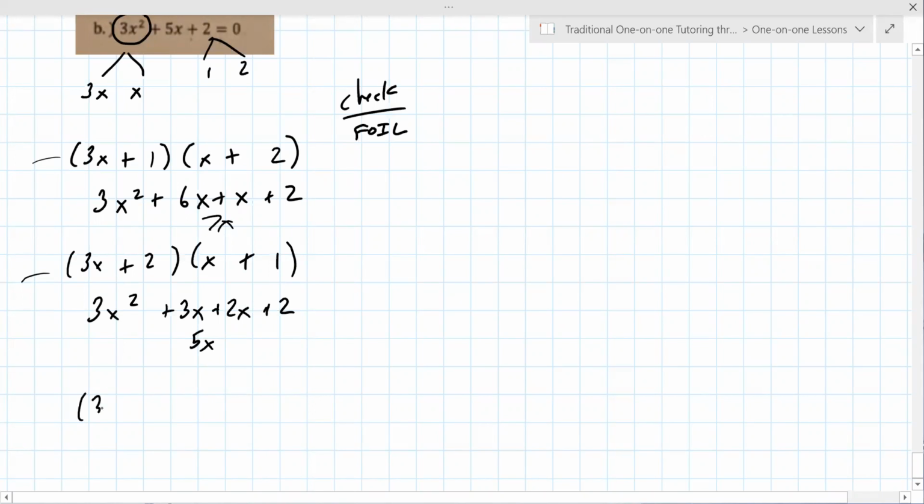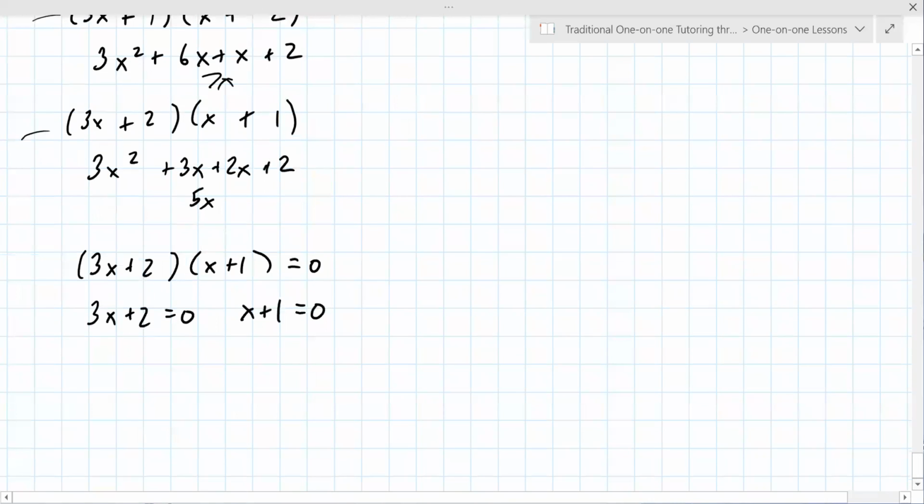So now to answer your question, yes, you set each of these equal to 0. You set 3x plus 2 equal to 0 and x plus 1 equal to 0. Then you subtract 2 and subtract 1.